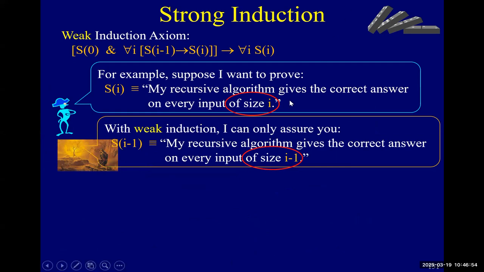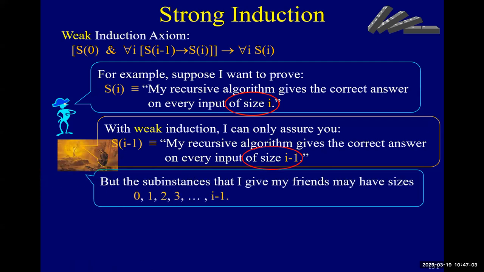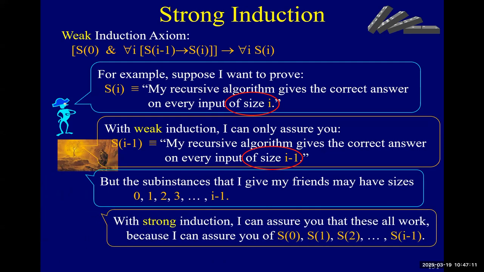Weak induction only assures me that inputs of size I minus 1 work, right? But what do I give my friend recursively? I might give my friend something smaller, right? So the strong induction assures me of all previous, right? Does that make sense? That's helpful.